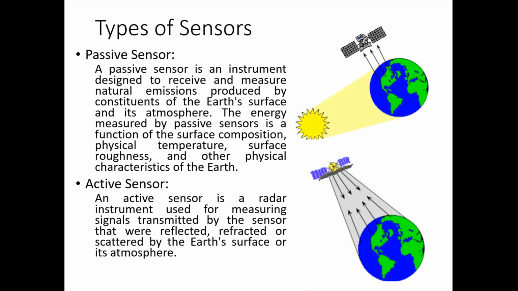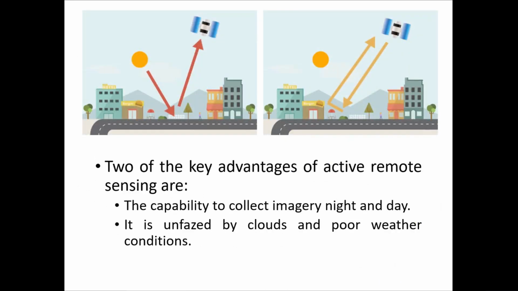But the problem is that for active sensors, the source should be able to generate a fairly large amount of energy to adequately illuminate the targets, right? So the major advantages of active remote sensing are that it has the capability to collect imagery night and day, and that it is unfazed by clouds and poor weather conditions, right? So the second point, we will come to that in detail today itself. All right.